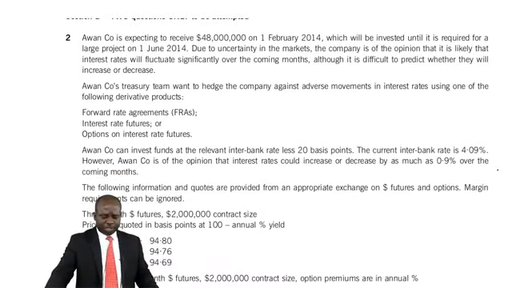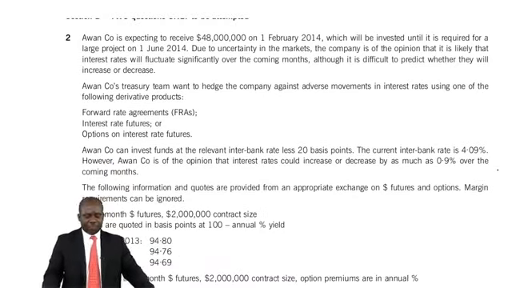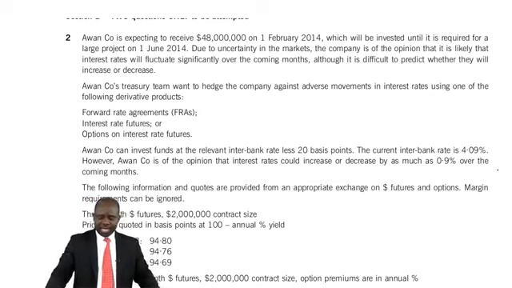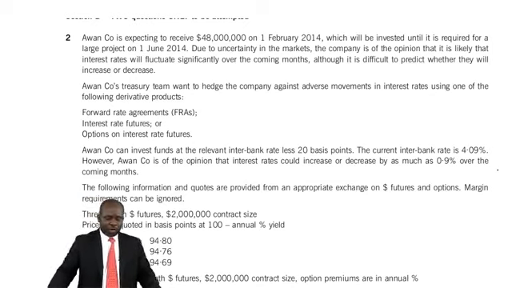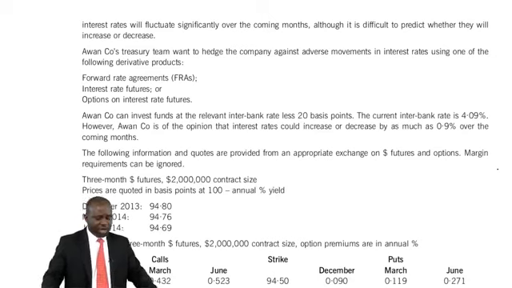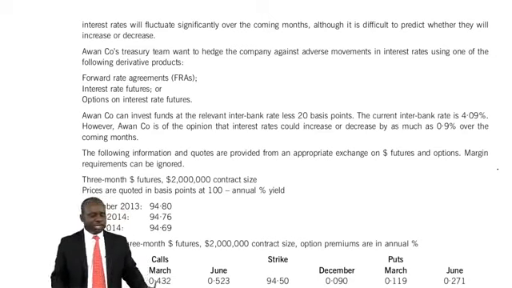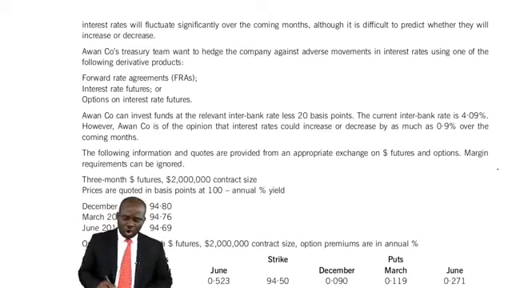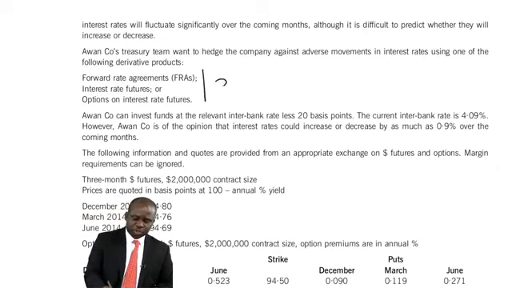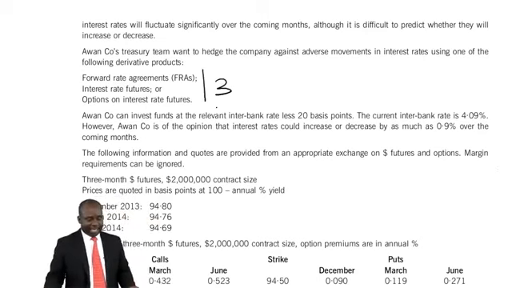R1 Co's treasury team want to hedge the company against adverse movement in interest rates using one of the following derivative products: forward rate agreement, interest rate futures, or options on interest rate futures. So these are the 3 choices they are thinking of.